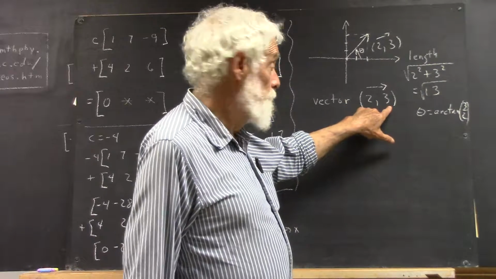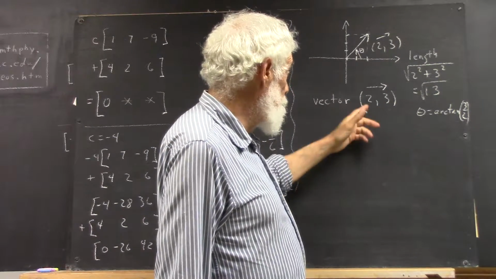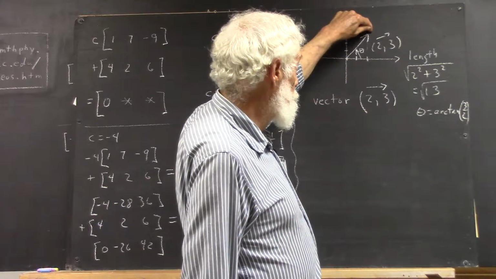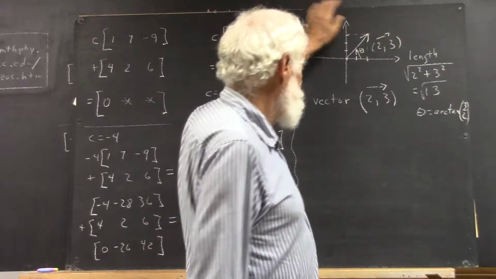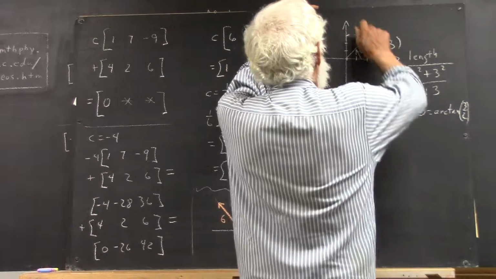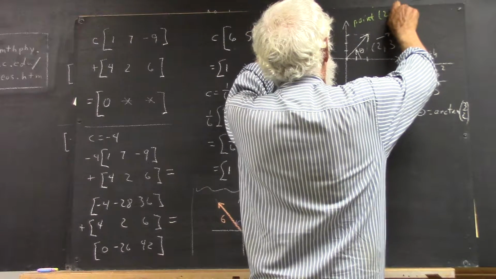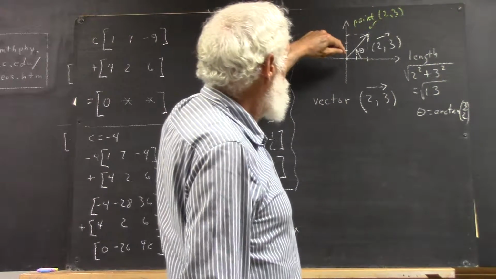Vector 2, 3. What does that mean? Well, you can picture that as a vector from the origin to the point 2, 3, where we go 2 units in the x, 3 units in the y. So here's the point 2, 3. The vector starts here.